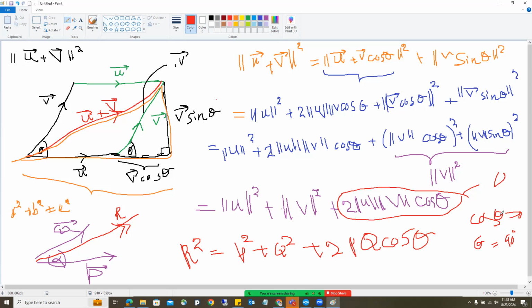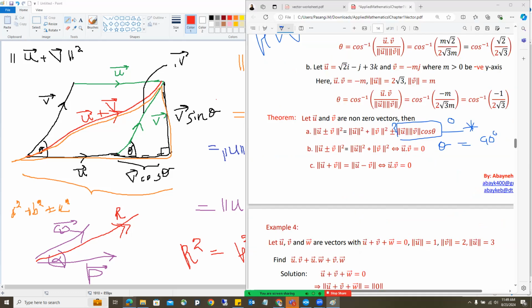That's where this entire expression 2uv cos theta becomes 0, which means if these two vectors u and v are perpendicular, then the magnitude of u plus v, squared, is equal to u squared plus v squared. That's what they have mentioned there.